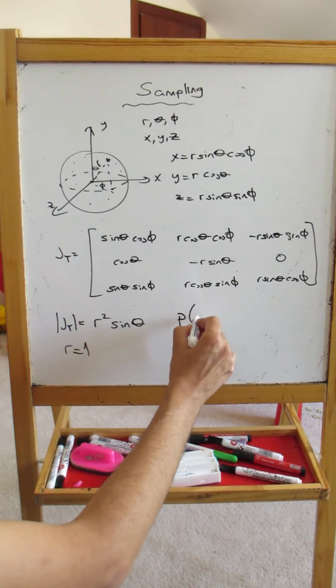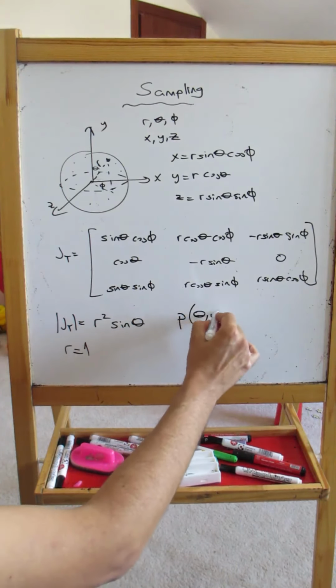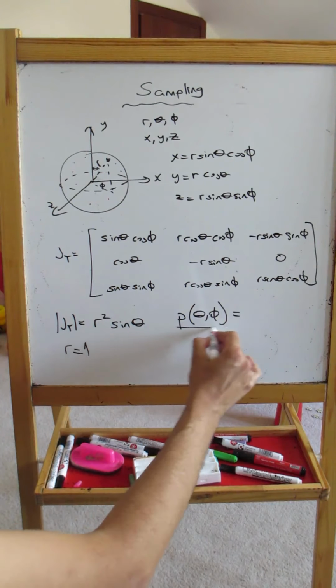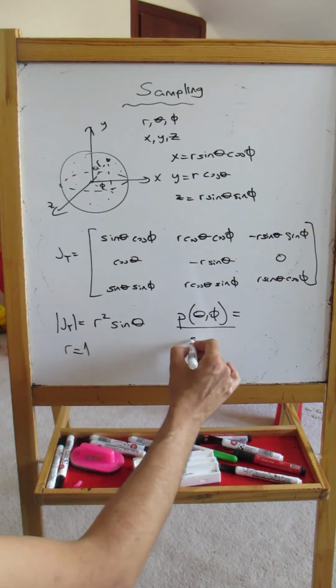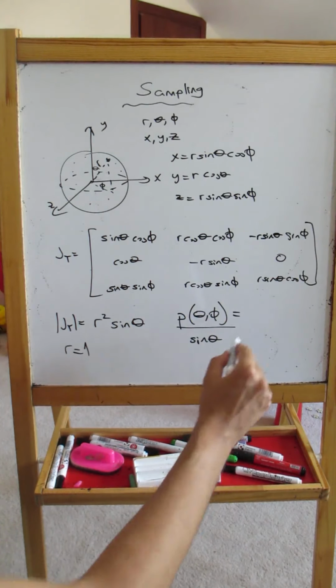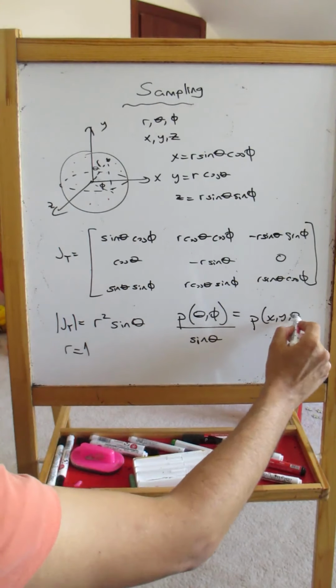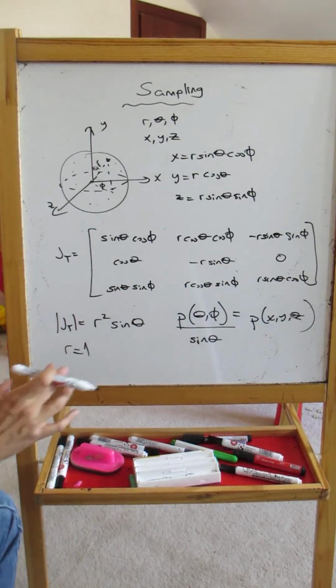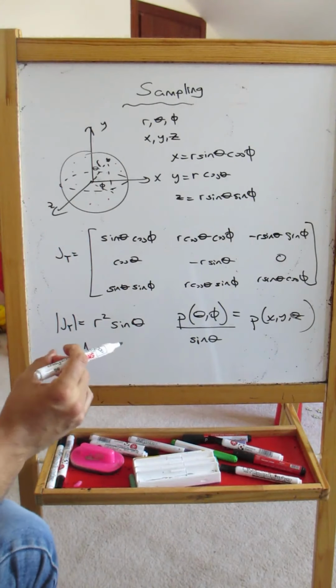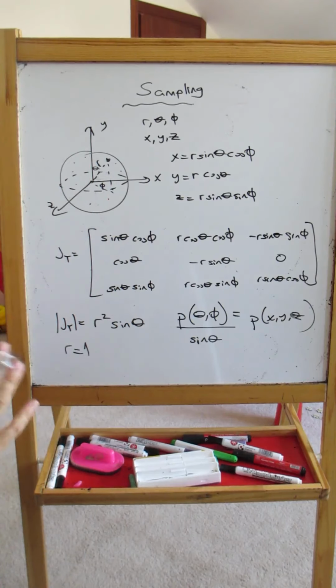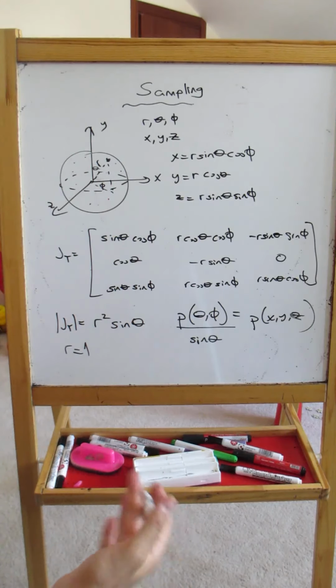Probability of theta phi is equal to, remember, we divide by the determinant of the Jacobian, but r is equal to 1, sin theta times probability of x, y, and z. The reason for setting R to 1 is that I'm interested in sampling points on the surface of a unit sphere.